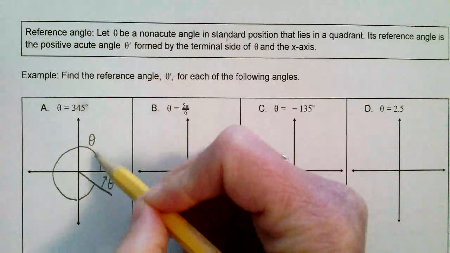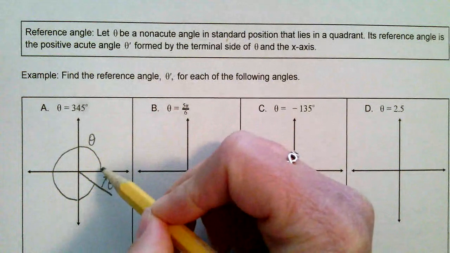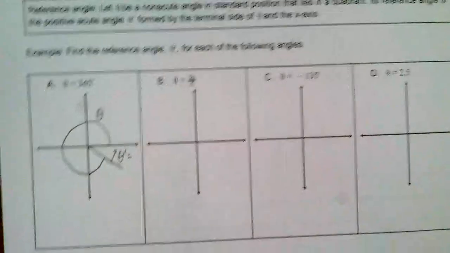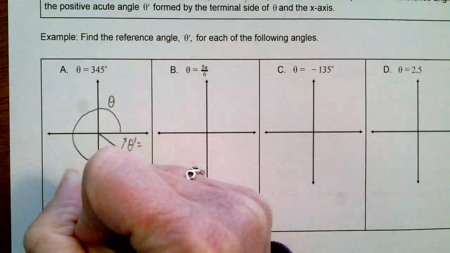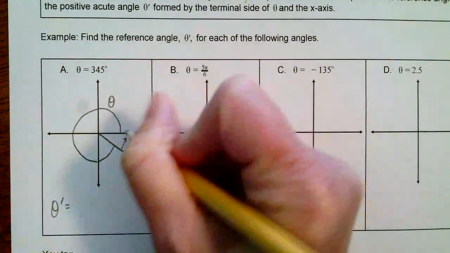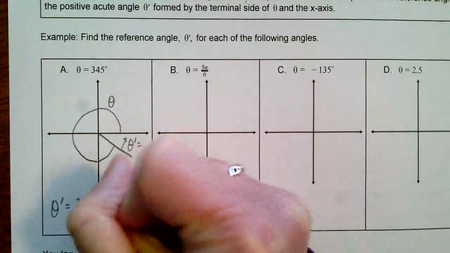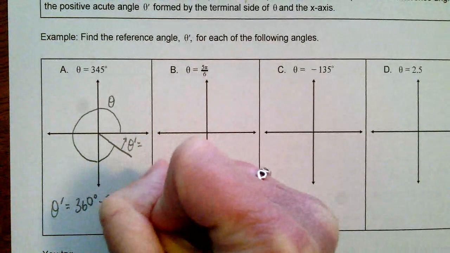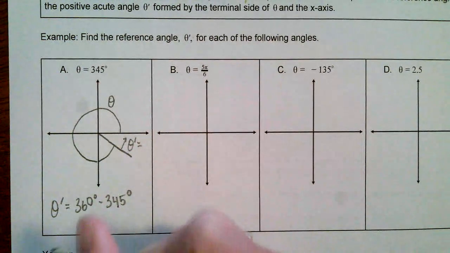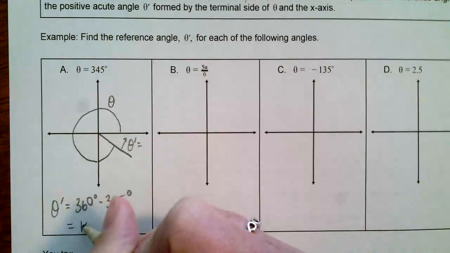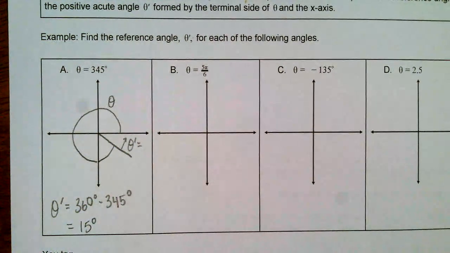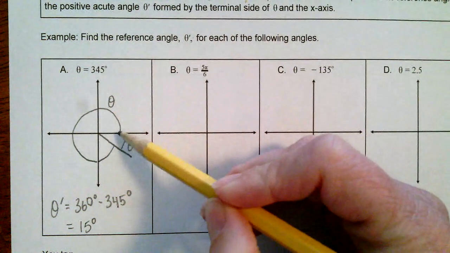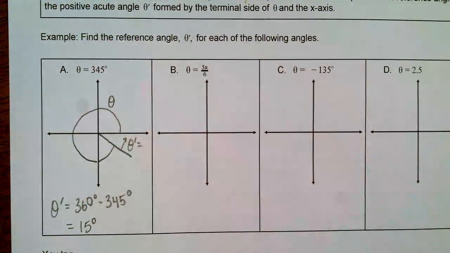I know the whole circle is 360, so my theta prime is 360 degrees minus 345 degrees. So my theta prime is 15 degrees. It's just what would complete that angle between the terminal side and my x-axis.